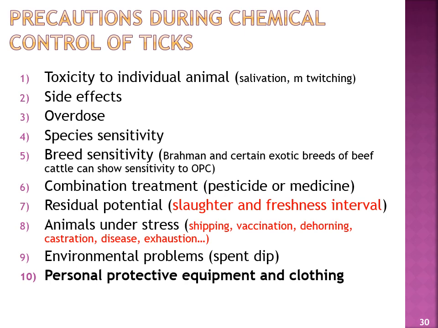So also avoid using a chemical insecticide if the animal is under another stress, maybe from shipping, from vaccination, from dehorning or castration, or the animal is already suffering from a disease or any case that caused the animal to be exhausted.